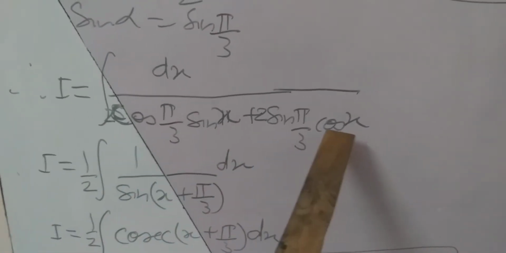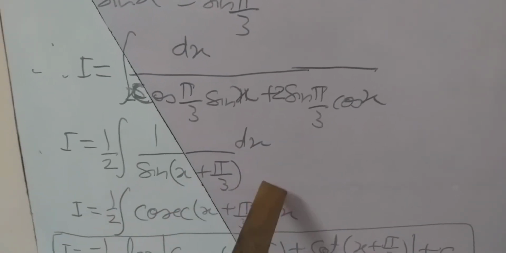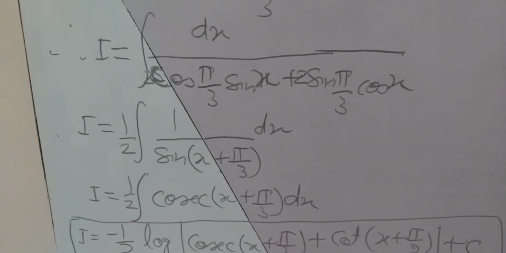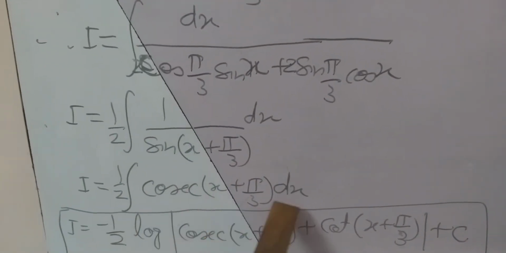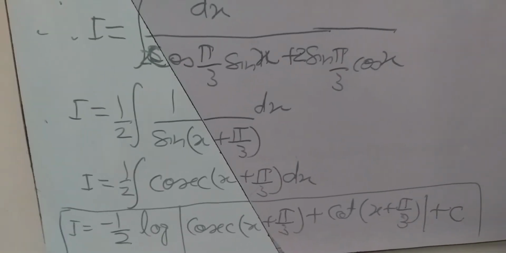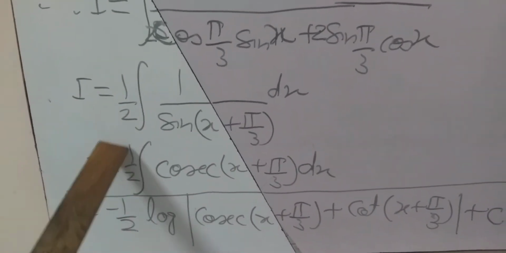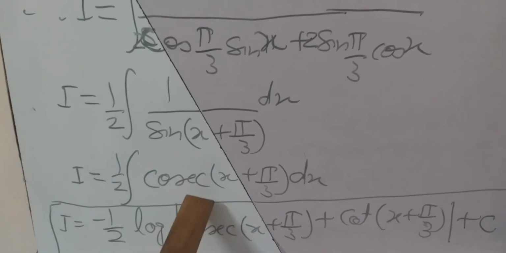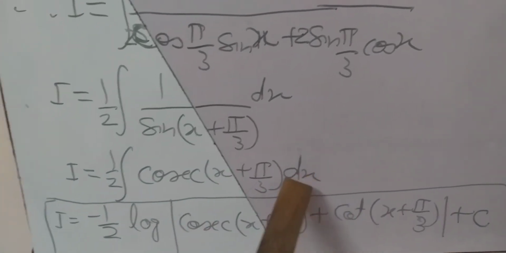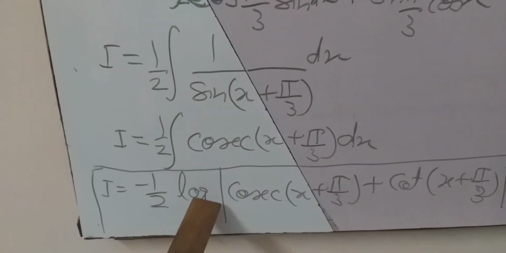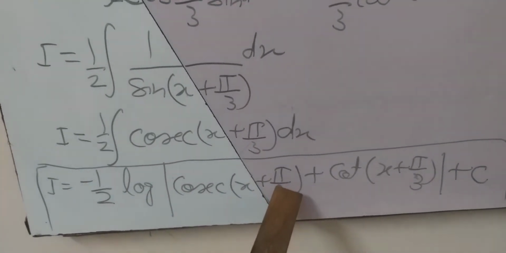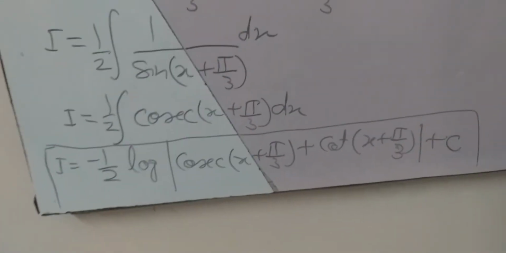This is the sin A cos B plus cos A sin B formula, meaning sin A plus B. So 1 upon sin A plus B equals cosec A plus B. So I equals 1 upon 2 integration of cosec of A plus B. The integration of cosec theta is log cosec x plus cot x plus c.